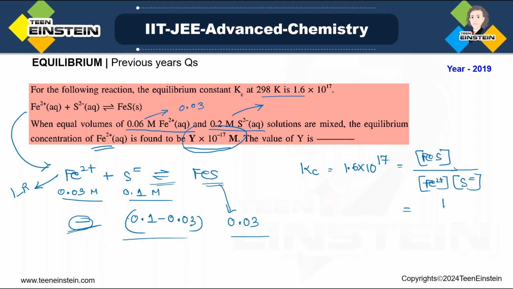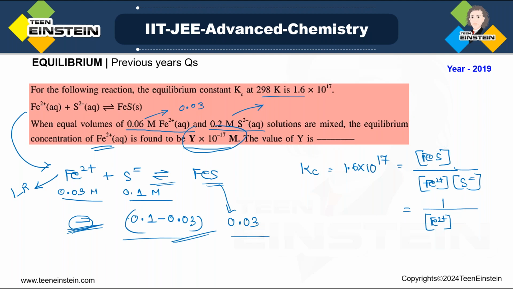Now the first one is 1 because it is solid. Fe2+, though we have written it in this way, will still have some concentration, very low. So you can write it like this, right?